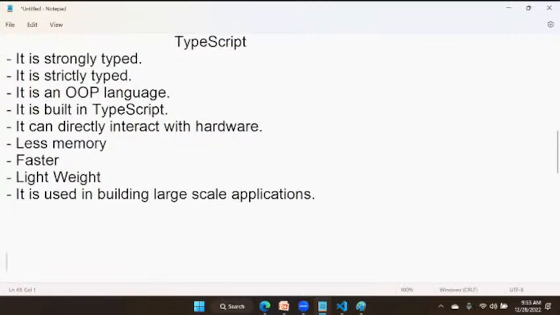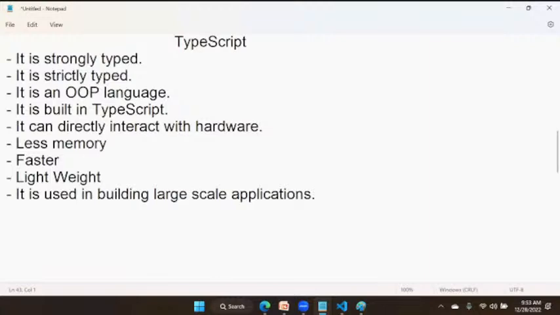This is very important. Don't think that TypeScript is a language which is used only for Angular, because Microsoft technologies use TypeScript as a separate language for building very large scale applications also. The point is Google and Facebook, because React belongs to Facebook and Angular belongs to Google, both depend on TypeScript now.